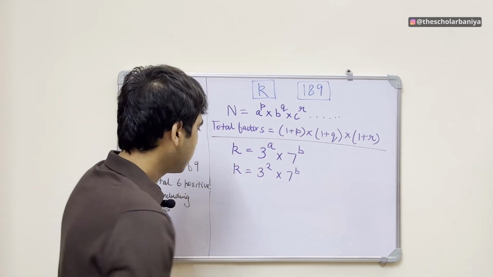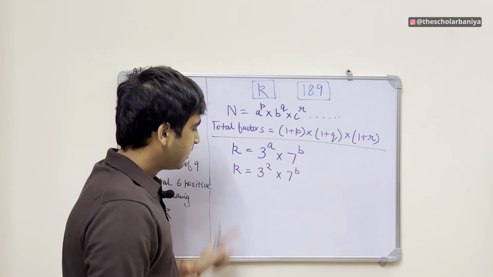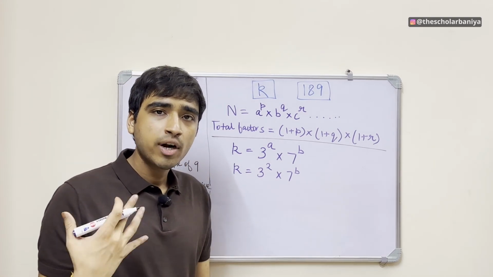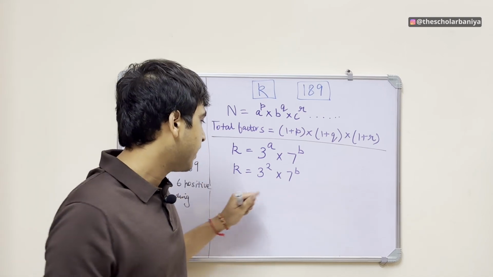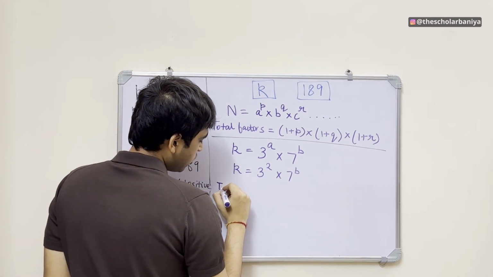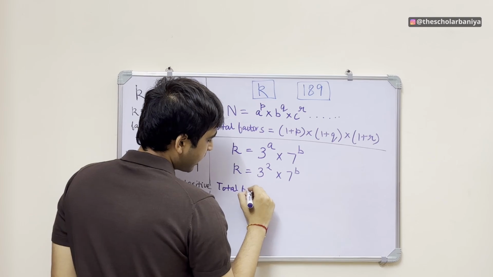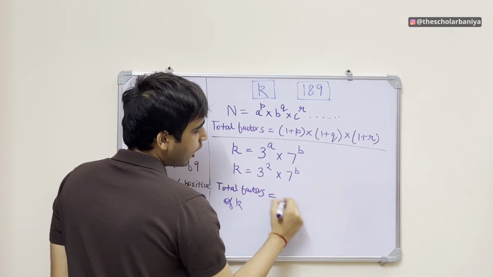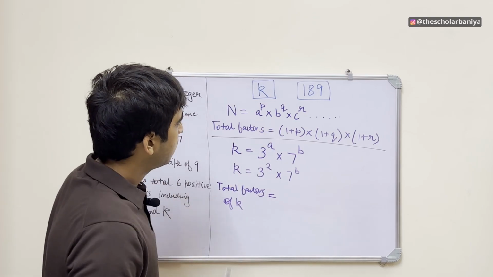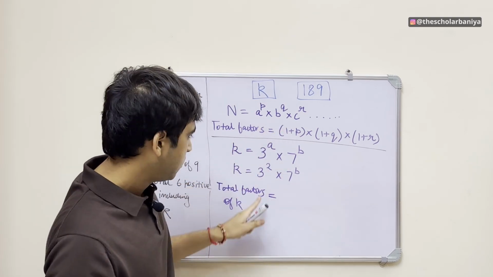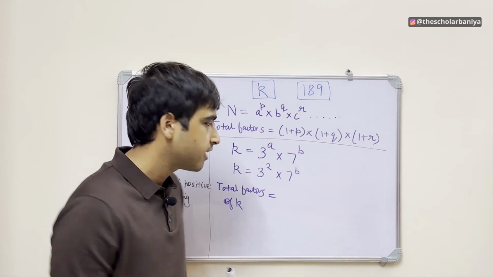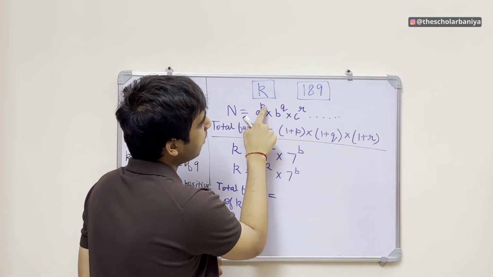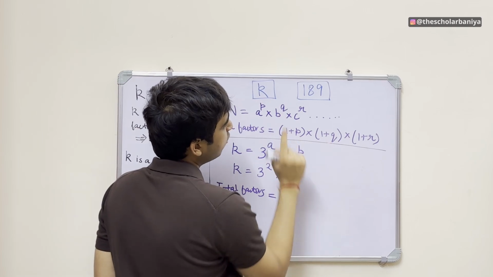Now tell me one thing, this is k, right? And k is 3 square into 7 to the power b. And now if I tell you what are the total number of factors of k, total factors of k will be how much? We can use this formula, because 3 and 7 are prime numbers, so totally correct. So this is basically 1 plus the power of a into 1 plus the power of b and so on.